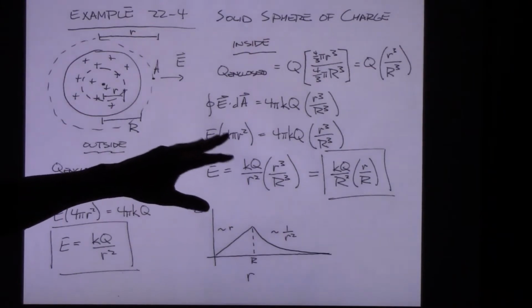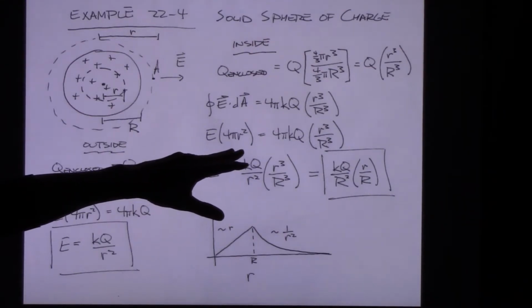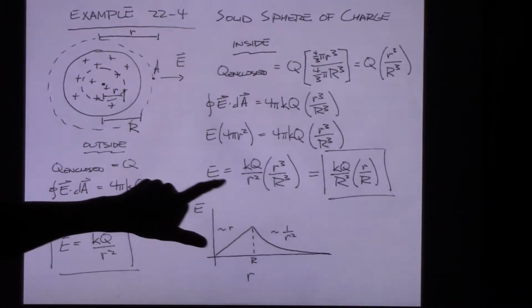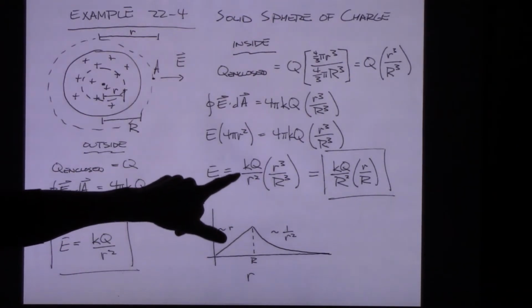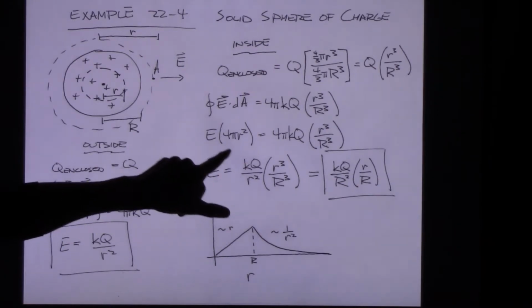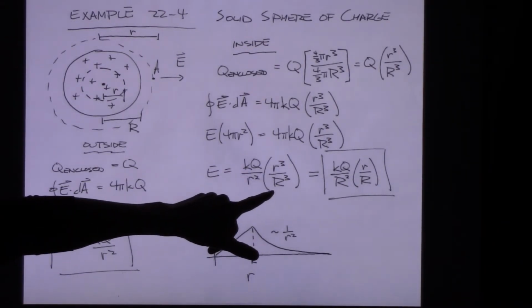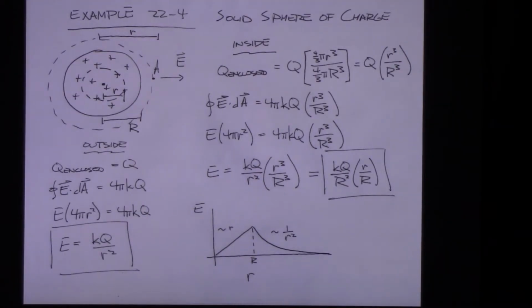And again, the left side integrates out the same way, E times 4 pi r squared. But now there's this other expression. So the electric field here is going to be kq over, now I brought the r squared over like before, but now I have this other factor of little r cubed over big R cubed.